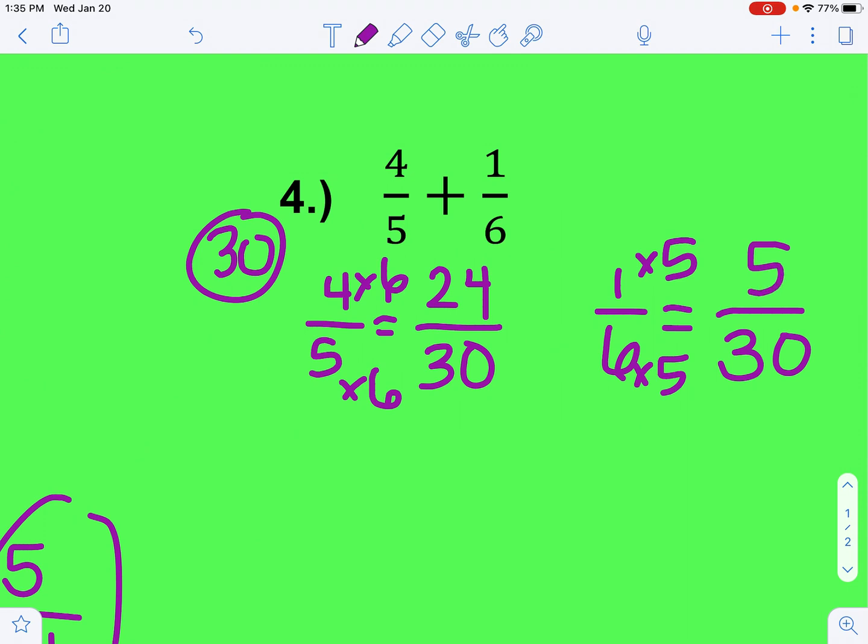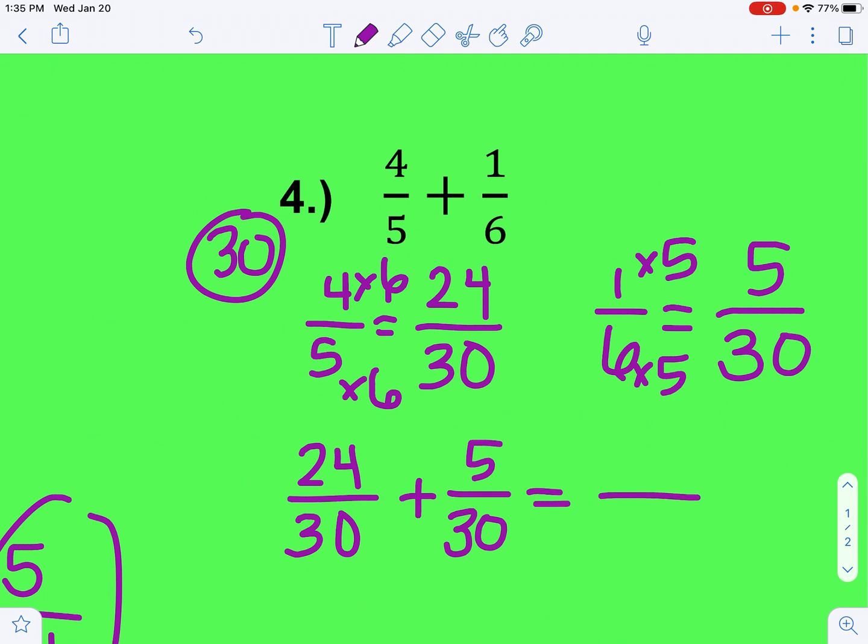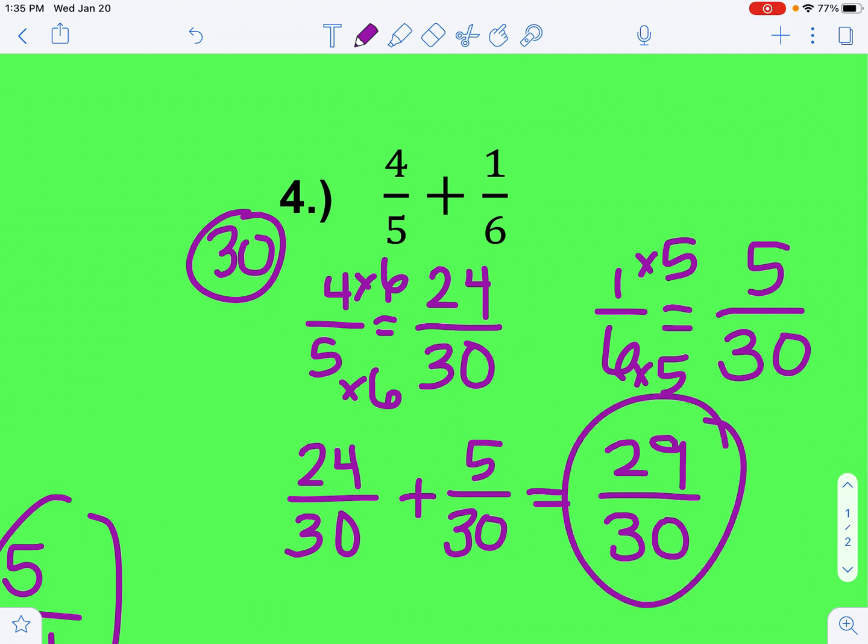We need to do 1 times 5, which is 5. Now let's rewrite our problem. We're really taking 24 over 30 plus 5 over 30. Now both of our denominators are 30, so our answer is going to have a denominator of 30. And then we take 24 plus 5, which gives us 29. And we cannot simplify 29 over 30, so that is our answer.